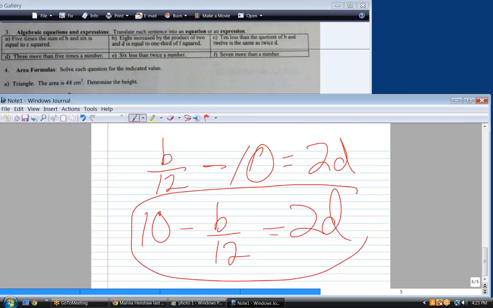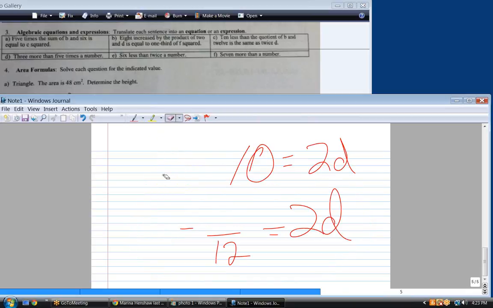This is what probably half the people will do, because you're inclined to start from the left and move to the right. But the key word here is this than. It's not 10 less the quotient of b and 12, otherwise this would be correct. It's 10 less than the quotient.